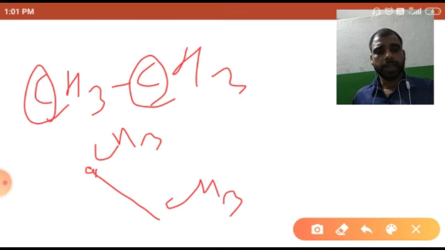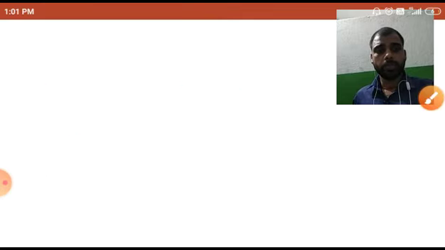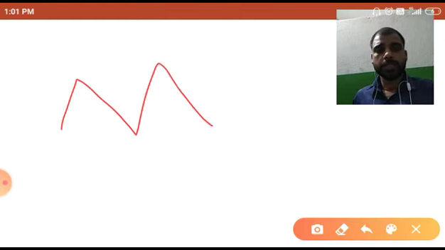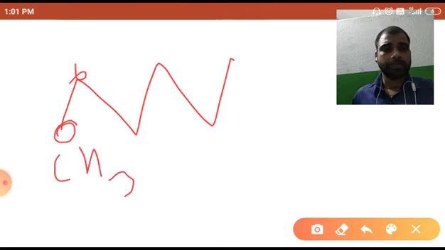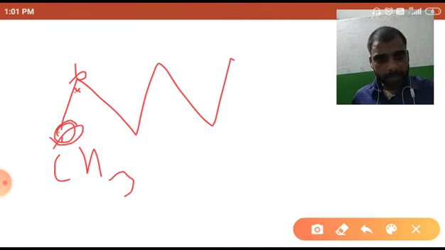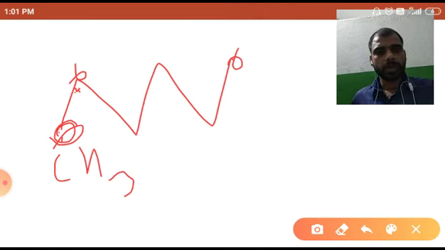Now I am taking one more example. If I have this structure, at the terminal CH3 would be there. At every point, every node, every joint, there is one carbon along with hydrogen, but at the terminal position CH3 would be there.